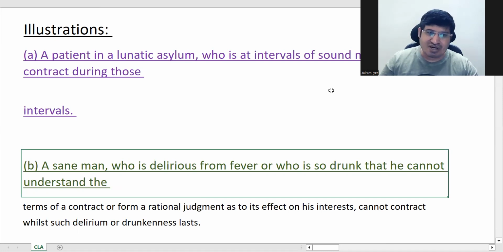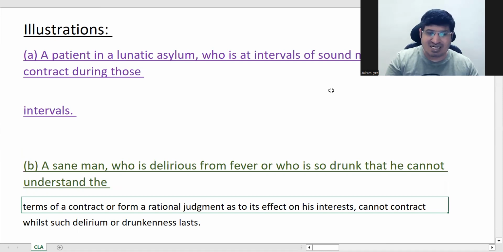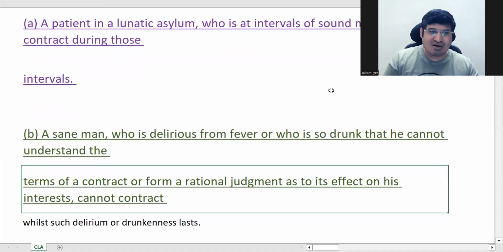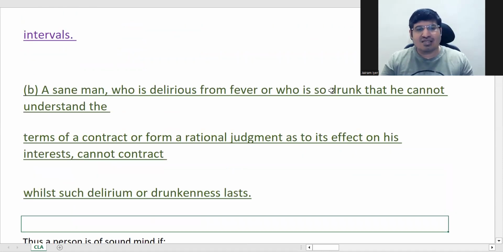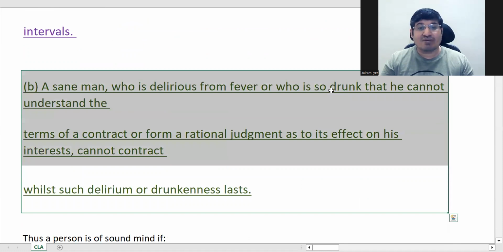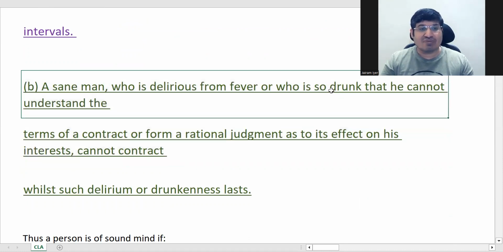If you are delirious from fever or very drunk so that he cannot understand the contract, he cannot contract while delirium lasts. So if he does contract, later he can prove that he contracted during that time, then it will become void.